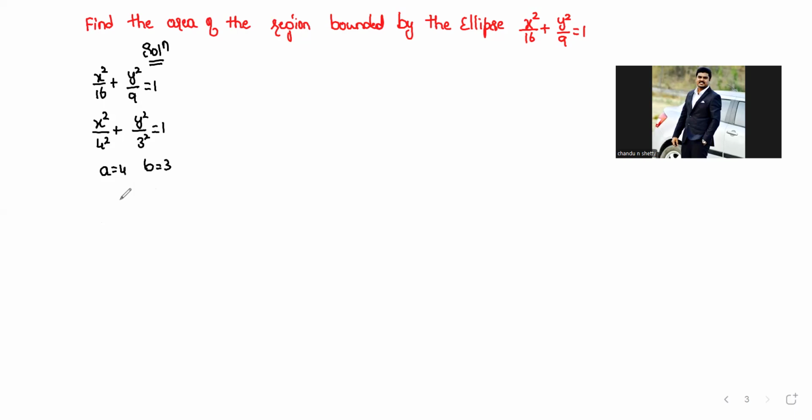You can observe a is greater than b, as I told you at the start. If a is greater than b, the ellipse is in the sleeping position. Now observe, I am taking the diagram. First draw a Cartesian plane. Now take the ellipse.